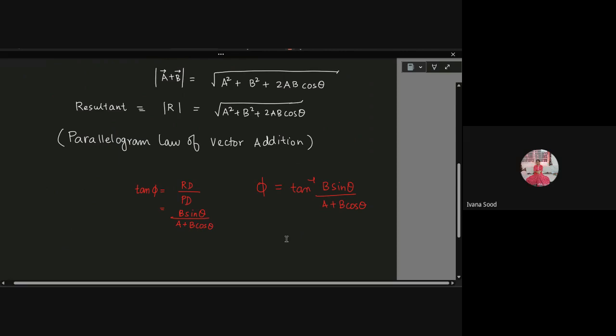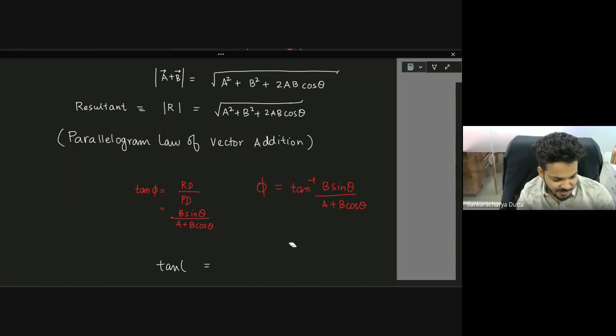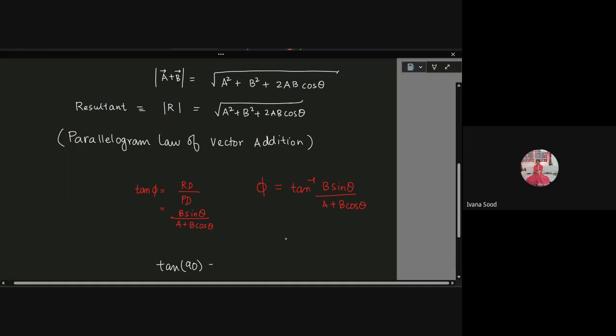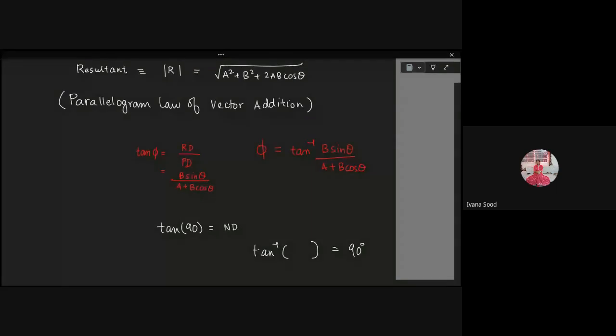We say that tan 90 is not defined, so would tan inverse also be not defined? Tan inverse 0 is 0. Tan 90 is not defined. No, what this means is that you cannot put any value in tan inverse that will give you 90 degrees.